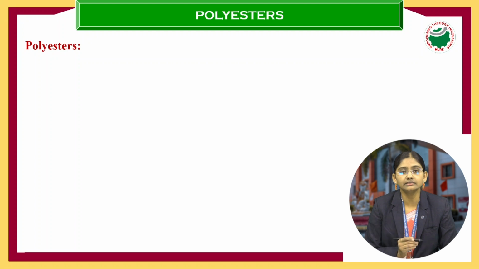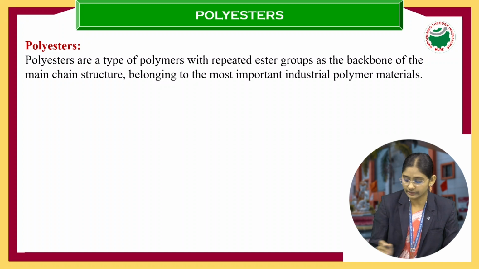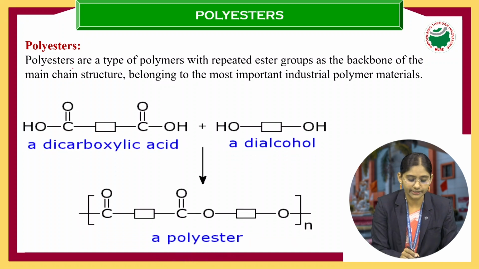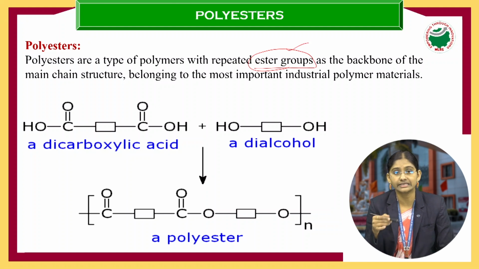So now another class of condensation polymers we will see, that is the polyester. In the polyamide, the repeating unit is what? CONH, that is the amide group. And here in the polyesters, what is the repeating group? It is the ester group. Okay, so this ester group is repeated in the polymeric chain, so it is called a polyester.